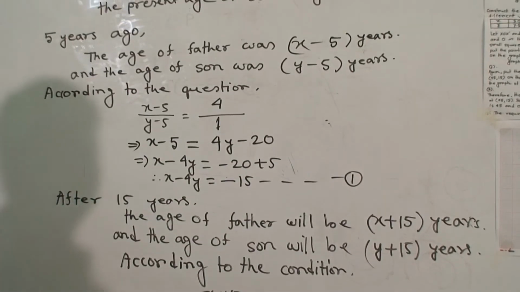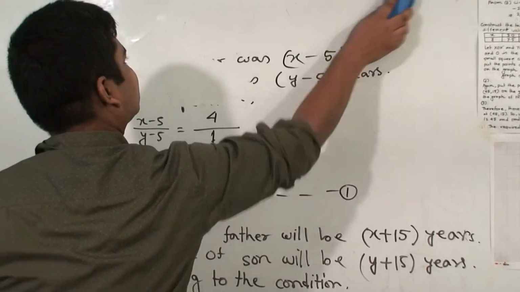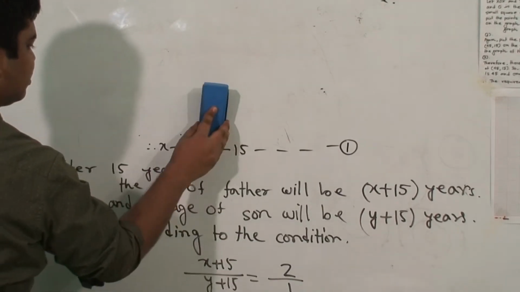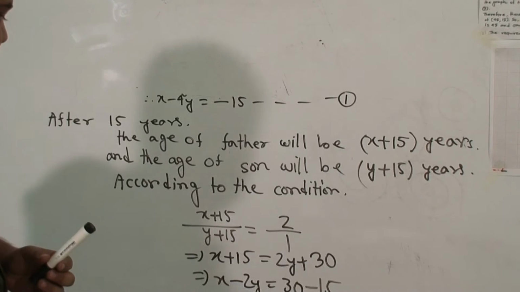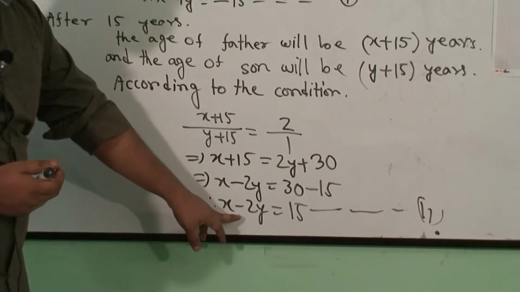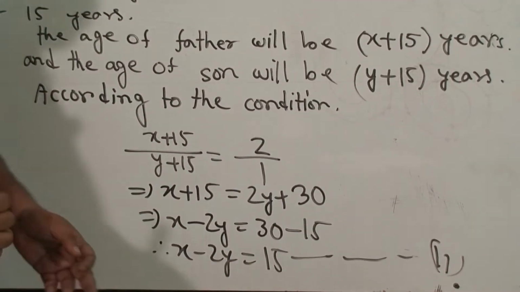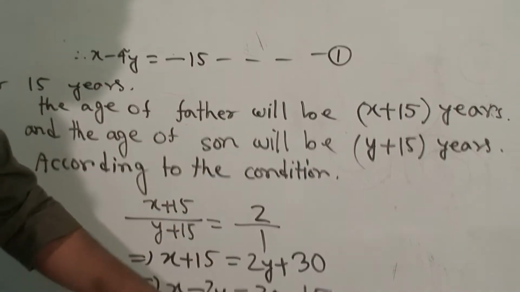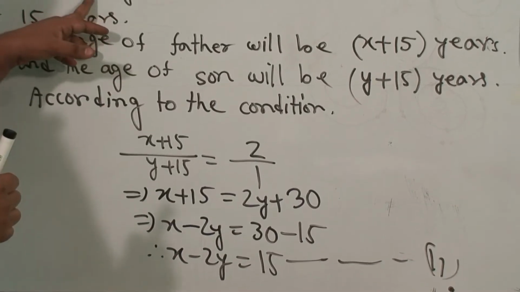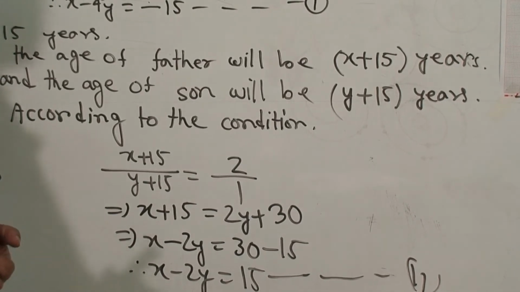In order to solve this, I erase the first part of this math. Dear student, notice here x minus 4y equal to minus 15. Here x minus twice y equal to 15. So if I subtract equation number 1 from equation 2, then we get the value of only y, because x and x are cut and there will be only one variable which is y.